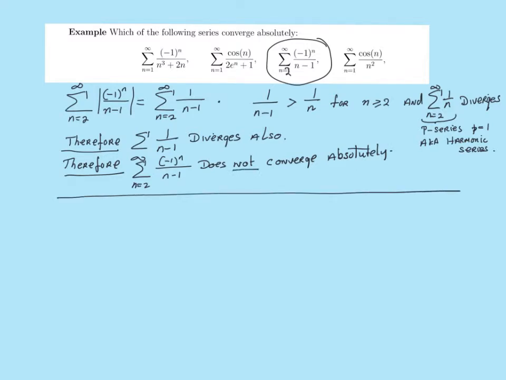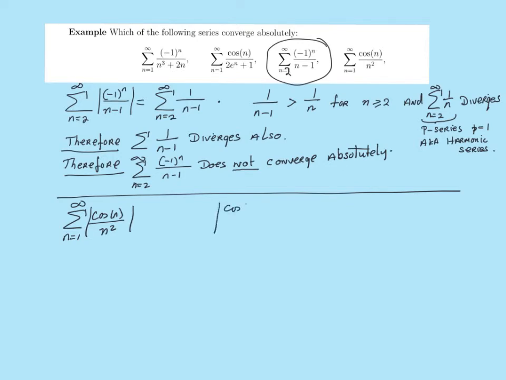And now let's test the last series on our list for absolute convergence. Again, because the absolute values of the terms are positive, we can apply the comparison test if we can find an appropriate series to which we can compare the sum of the absolute values.